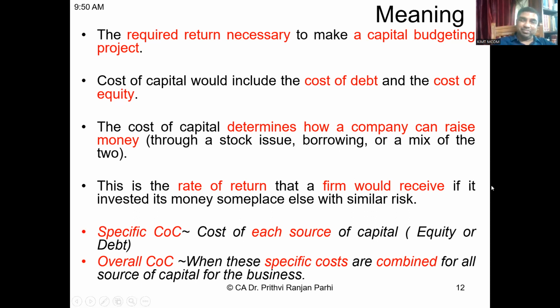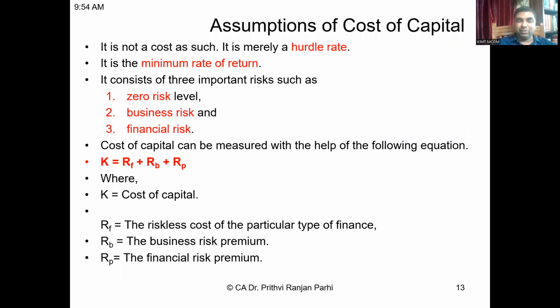So both are important, because on that basis we will decide the cost of each component. And on that basis, you will decide the overall structure. Once you've decided the proportion of debt and equity, we will know the overall and combined cost. And once we know my overall cost of fund, it will be easier for me to take investment decisions, how much I should invest.